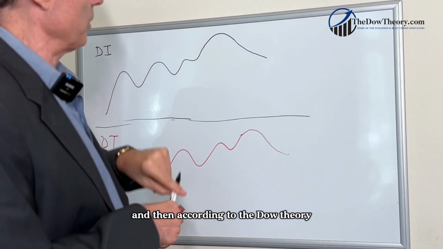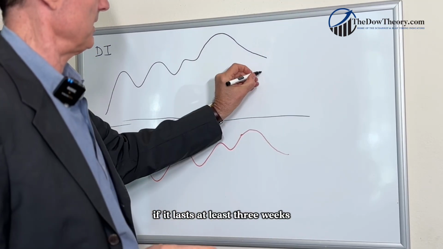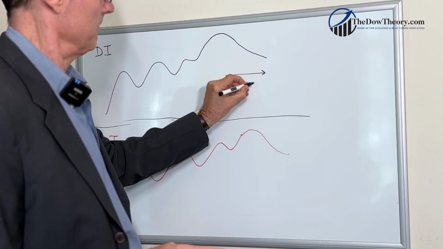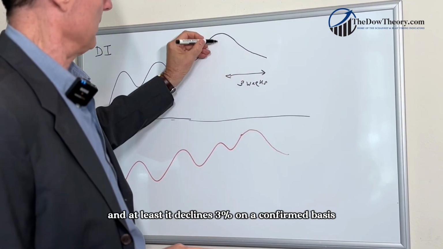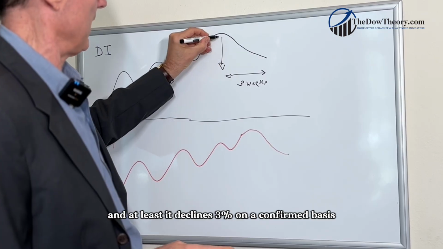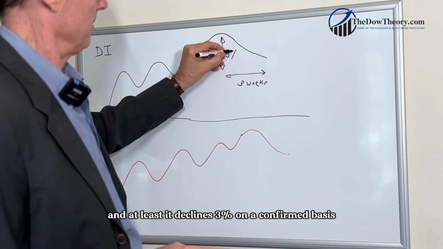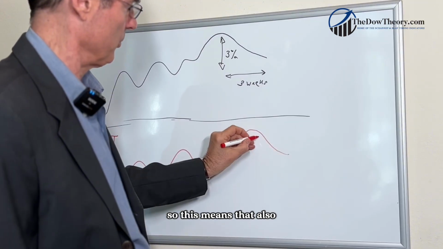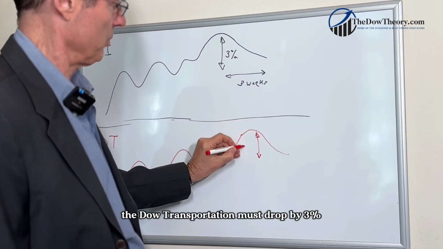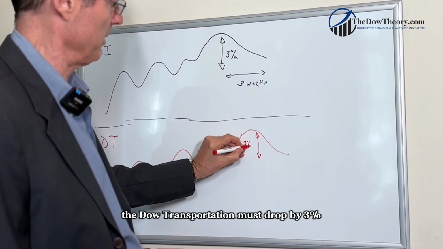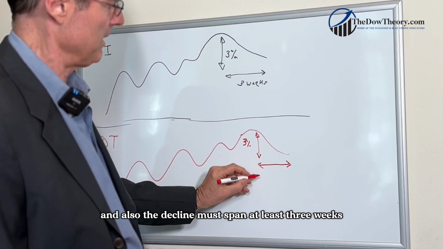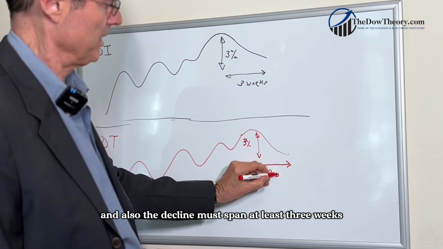And then, according to the Dow theory, if it lasts at least 3 weeks and it declines at least 3% on a confirmed basis, this means that also the Dow Transportation must drop by 3%, and also that decline must span at least 3 weeks.